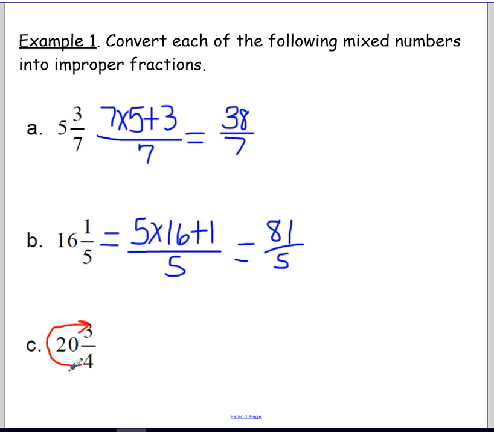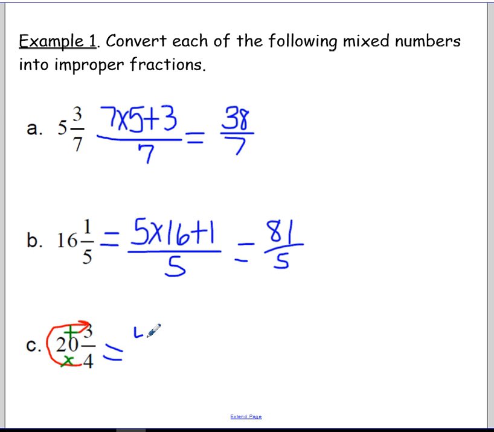And then I add to it a times sign in between the 4 and the 20, and a plus sign between the 20 and the 3. So I'm going around starting from the 4, doing 4 times 20 plus 3. It's just a visual reminder for me of the steps involved in changing a mixed number to an improper fraction.